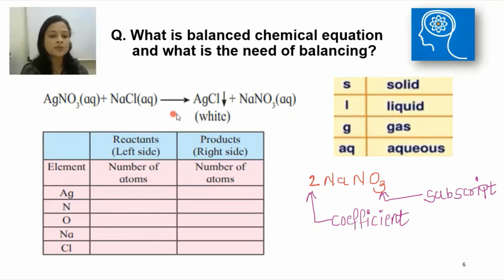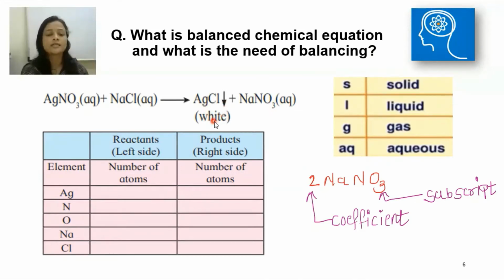Okay, here in this particular chemical equation, this AgNO3 is in aqueous state, NaCl is also in aqueous state. It is not necessary that all the elements are in aqueous state. Here the downward direction arrow shows the formation of a precipitate which settled down.